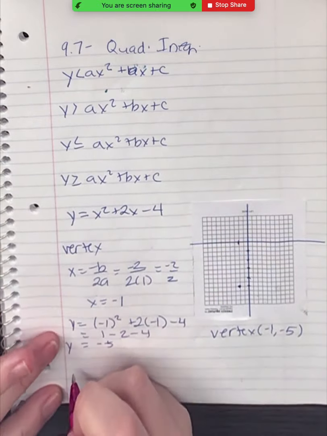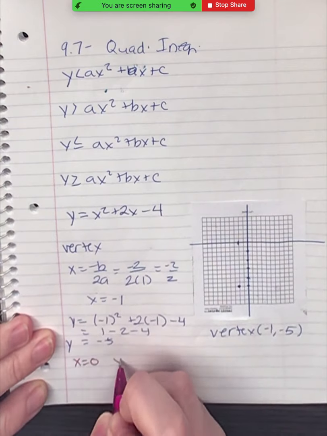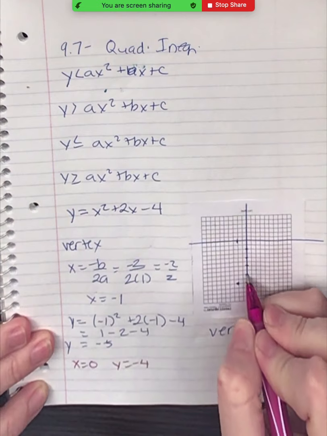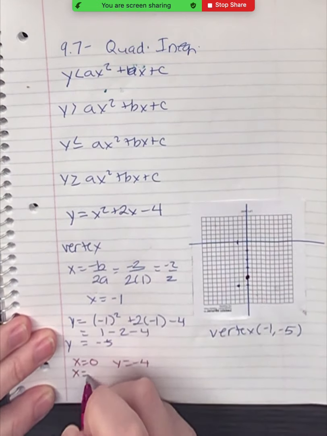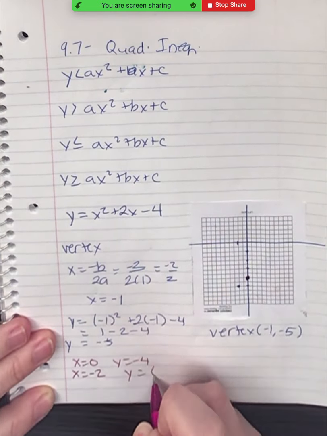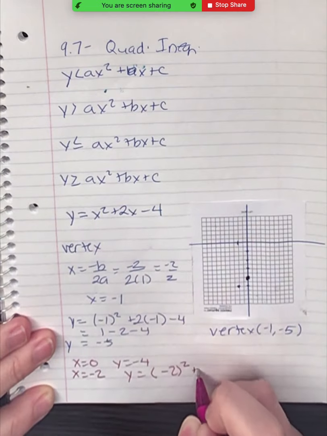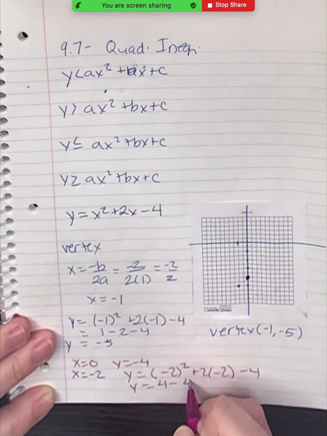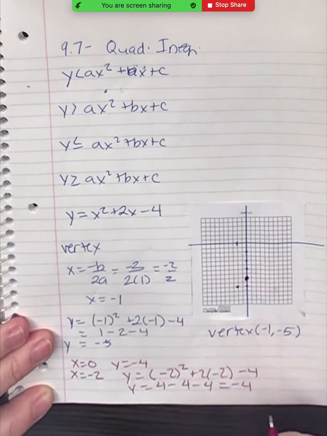Then when x is 0, y is negative 4, because it's 0 squared plus 2 times 0 minus 4. And when x is negative 2, y is going to be negative 2 squared plus 2 times negative 2 minus 4, which is also negative 4.